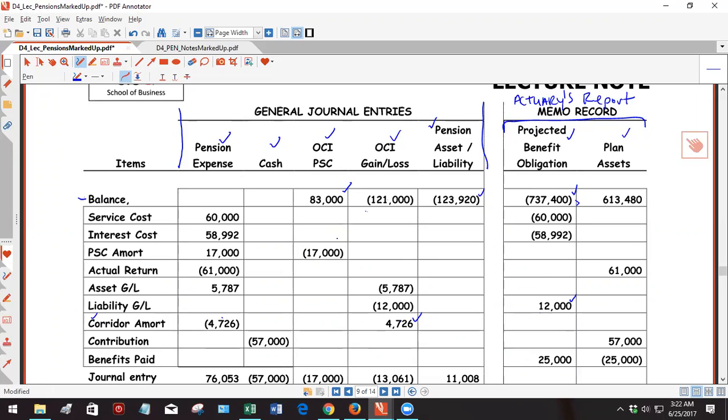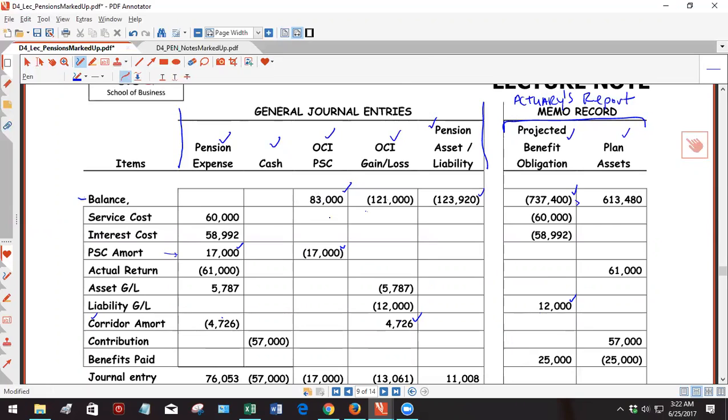What the FASB allows is that it doesn't have to go directly to service cost and through expense. It goes through other comprehensive income prior service cost and then gets amortized to expense year by year. So this year, for example, 17,000 of it is going to pension expense right here. I like to think of OCI prior service cost as an inventory of future pension expense.